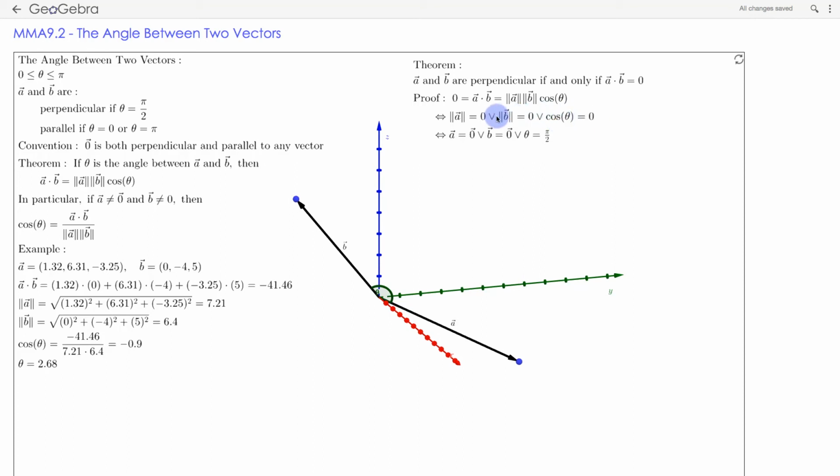And when I say or, it's always in mathematics a non-exclusive or, so you can have more than one of them be 0. But in all cases, this can be rephrased as: either A is the 0 vector, or B is the 0 vector, or the angle is pi half. But by this convention, 0 is both perpendicular and parallel to any vector. So in particular, if one of them is the 0 vector, then they are perpendicular. And if none of them is the 0 vector, then we know that the angle between them is pi half.